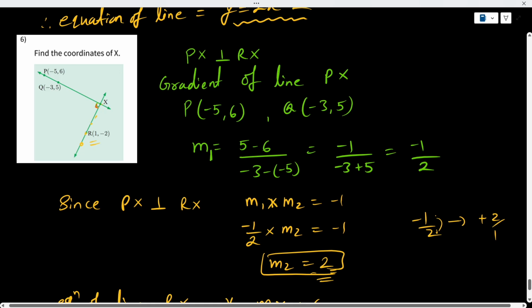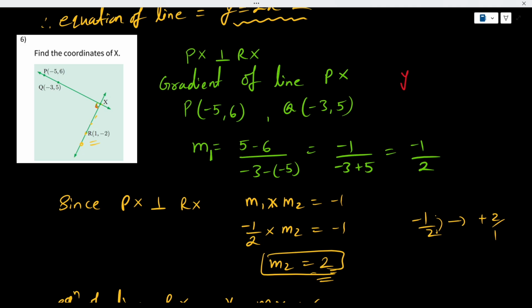So let us see how we can do it. y equals mx plus c. Now y equals -1/2 x plus c. Now P and Q are both part of this line, so I can substitute either P's coordinates or Q's coordinates. If I put in Q's coordinates, 5 equals -1/2 times -3 plus c, right?